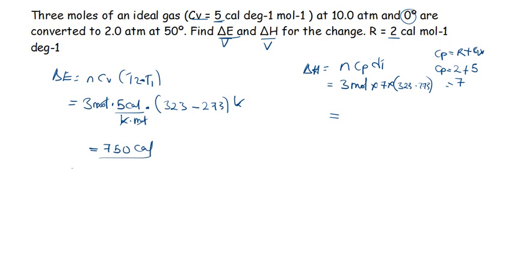So that's the answer that you're supposed to get. Now, multiplying this, I've realized that it is giving the same answer, so I'll say it is 1050 calories. Okay, so that's how you are supposed to calculate this question. Let's go to your next question.